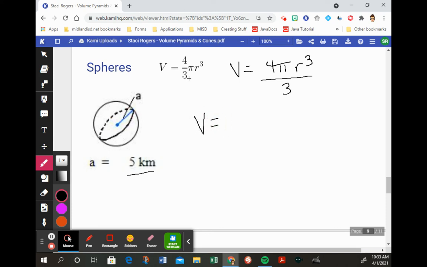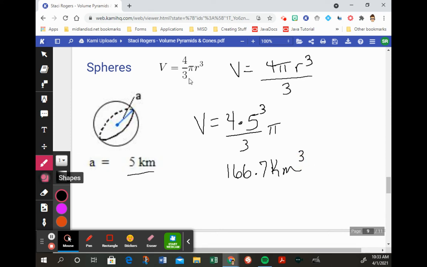So volume equals 4 times 5 to the third power over 3 times pi. 4 times 5 to the third power divided by 3. I get 500 over 3. If I change it to a decimal, I get 166.7 cubic kilometers.